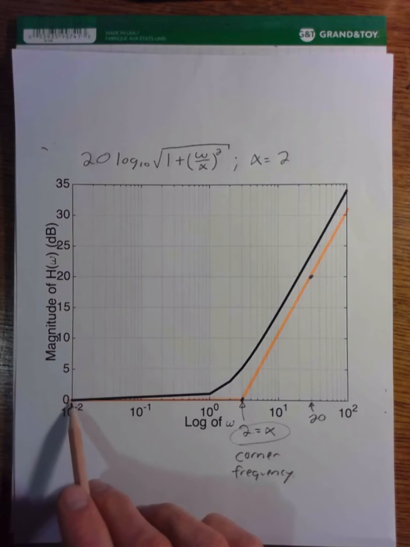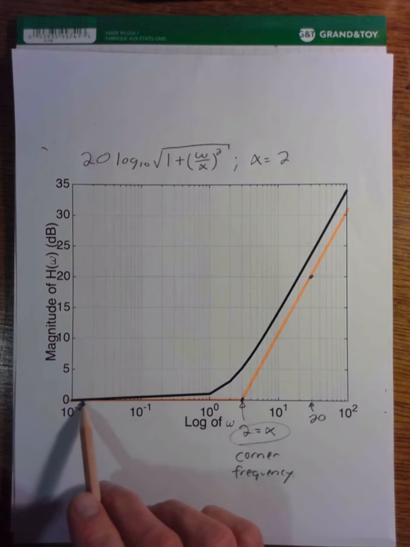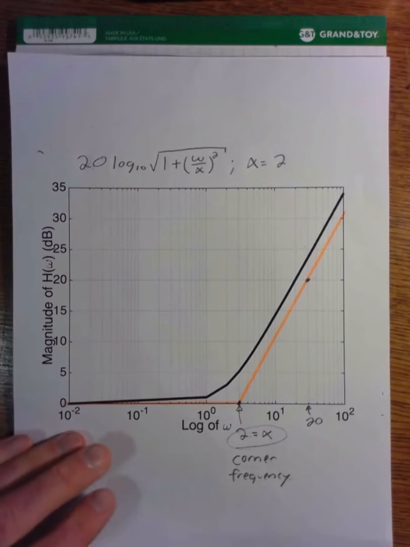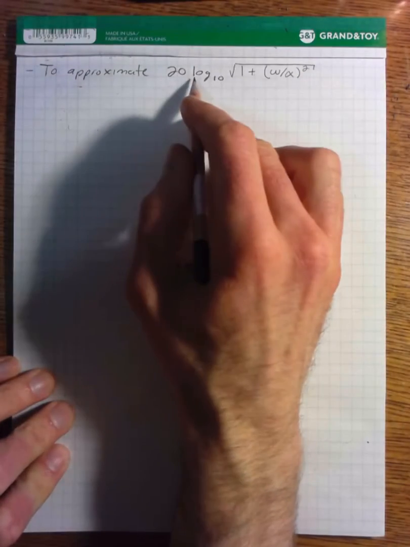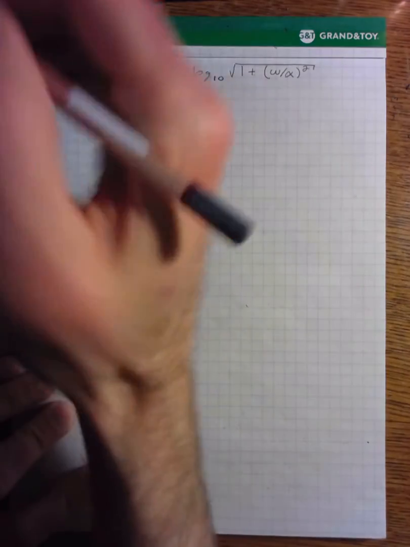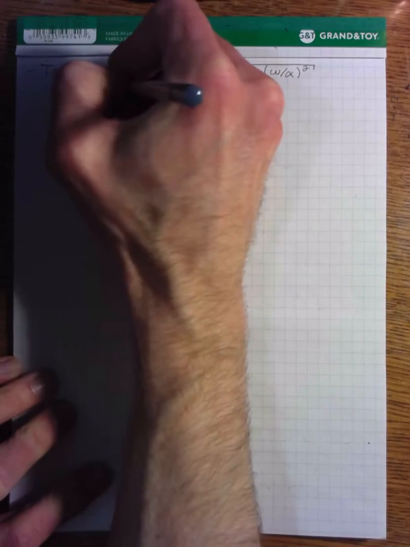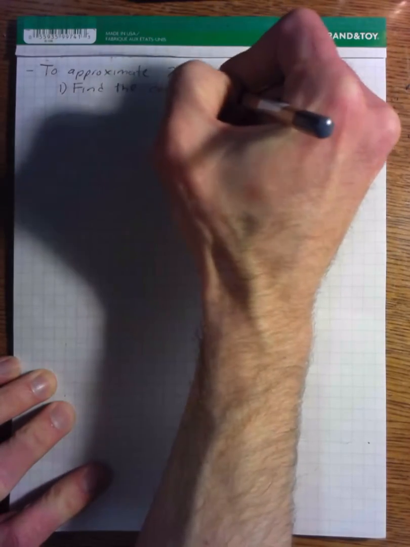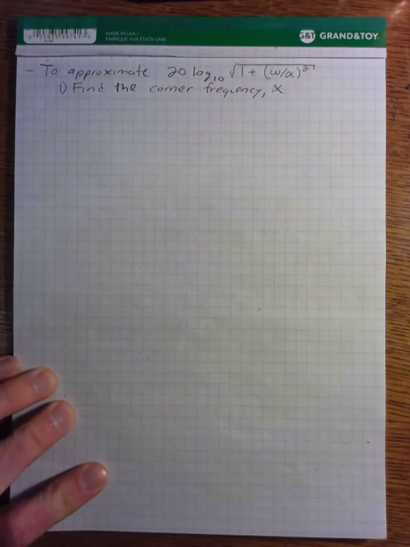So again, the dark line shows the actual frequency domain plot. I generated this in MATLAB. And the orange line represents our Bode plot approximation of that frequency response. Okay, so just to summarize, to approximate the response due to a simple 0, we basically have to do 3 things. The first one is find the corner frequency alpha on your log-log plot.